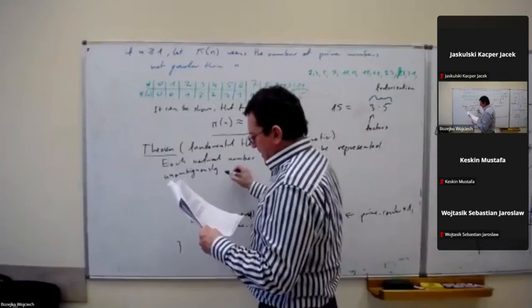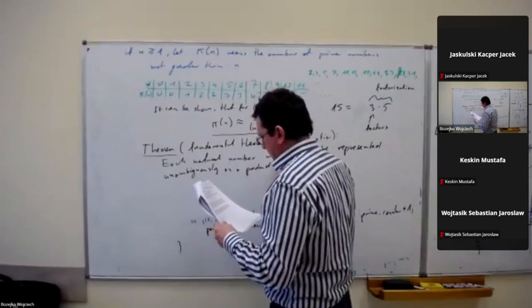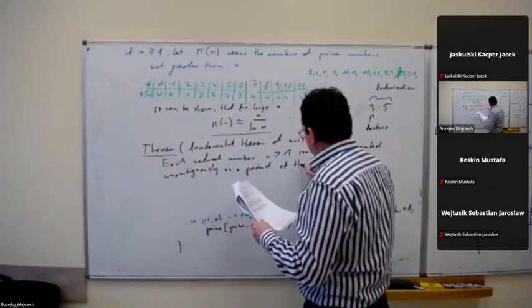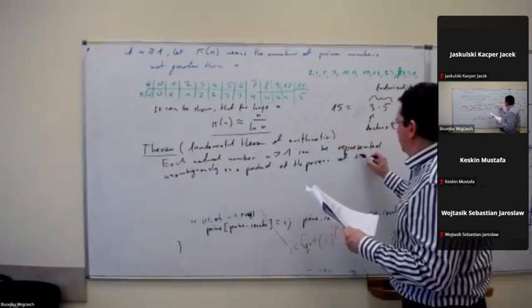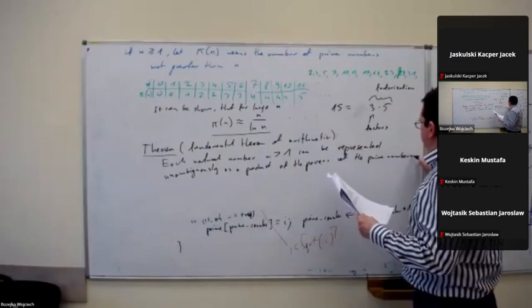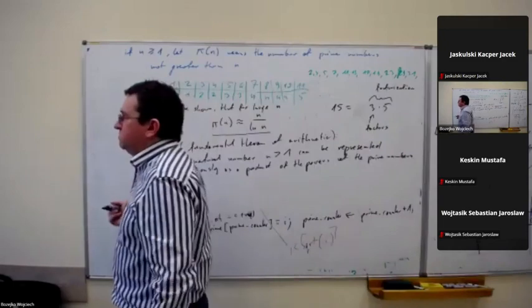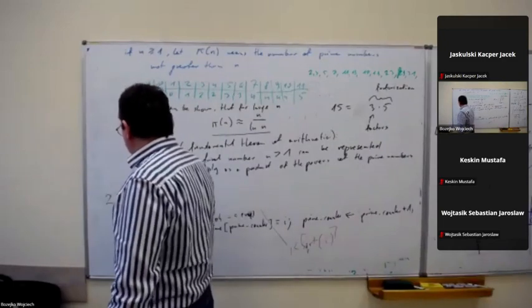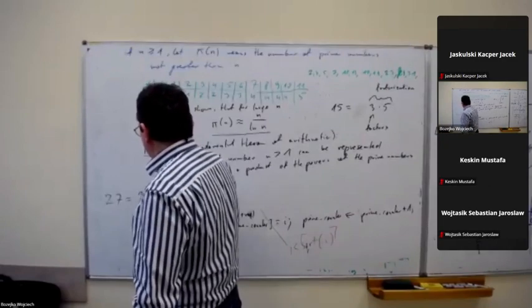Yes? As a product of the powers of the prime numbers. The powers, because some numbers, let it be 27, can be written as 3 times 9, 3 to the power of 3.